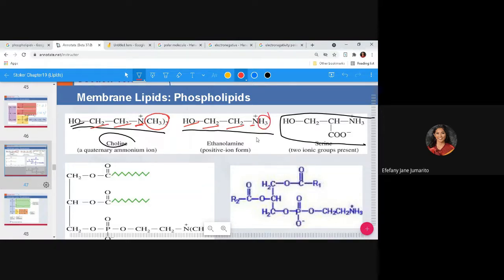That is the difference between your ethanolamine and your choline. For your serine, we have a carboxylate ion. It is COOH, a carboxylic acid, but without the H, so it's a negative carboxylate ion. So see the differences, class.